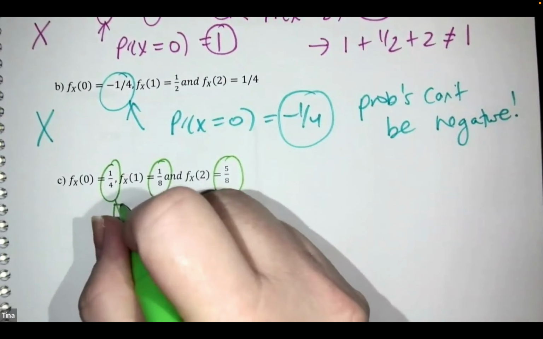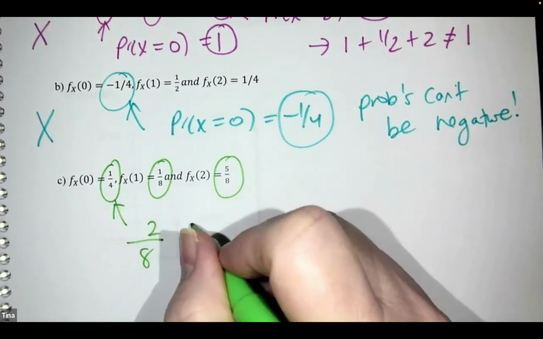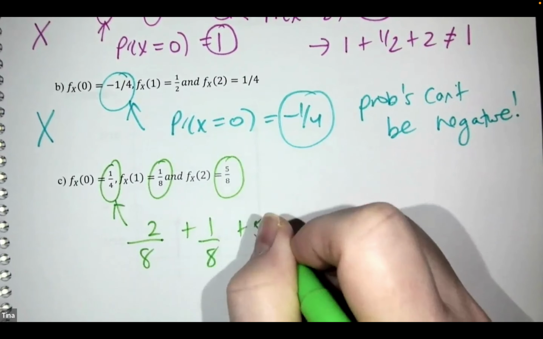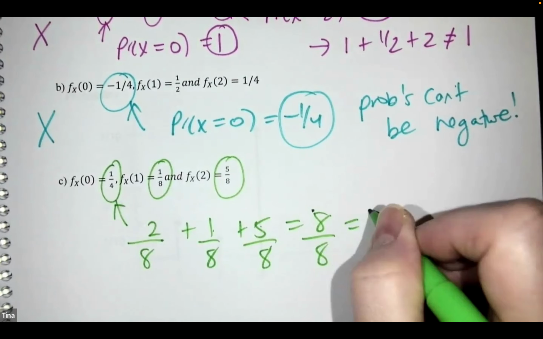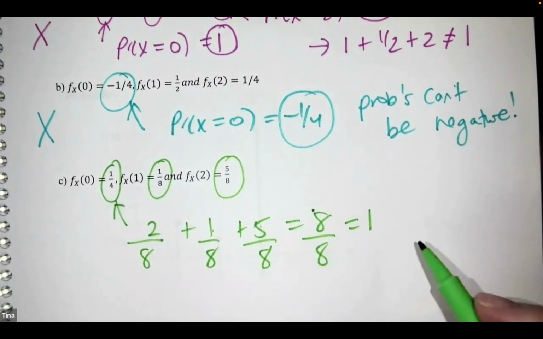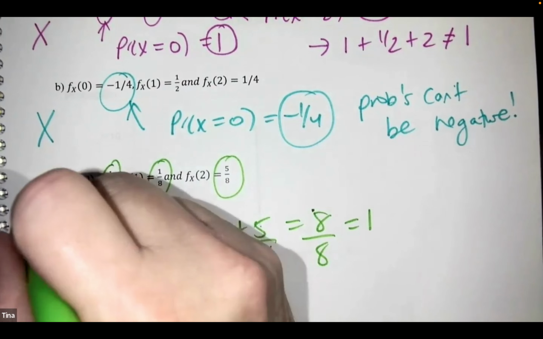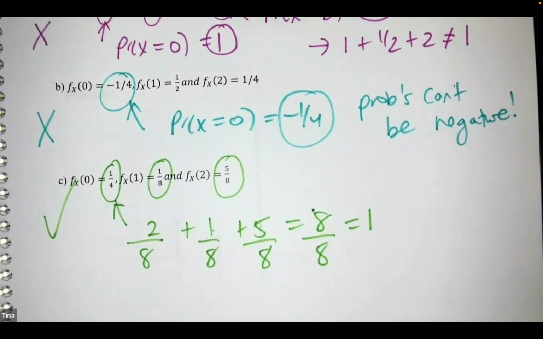Well, if we convert them all over to 8, this would be 2/8, that's 1/8, that's 5/8. 2 plus 1 plus 5 is 8, so that's 1, and they're all non-negative. So yes, that would be a probability mass function. Okay, questions?